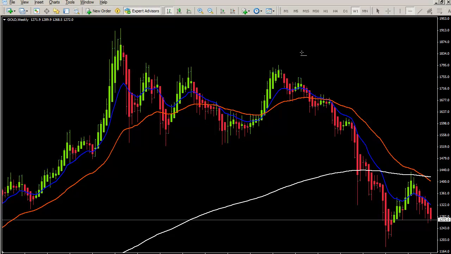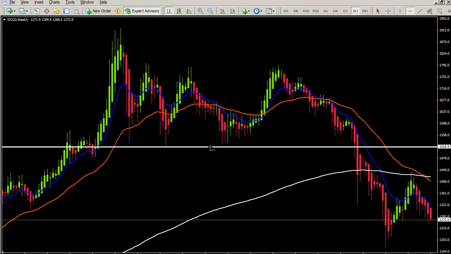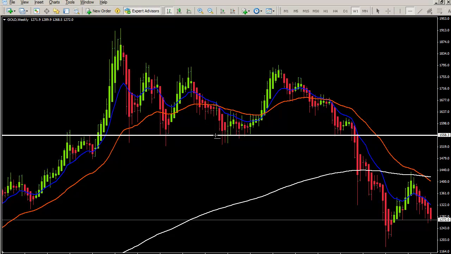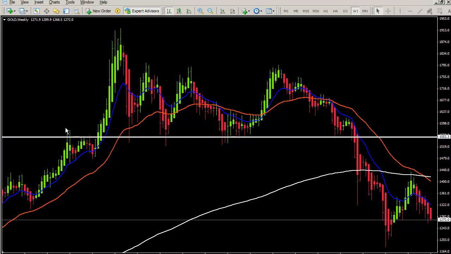And again, if I draw my horizontal support line here, previous resistance, what do we have? We have a lot of touches there. And after the previous retracement, the price retraced back up to here. Now we also had support.